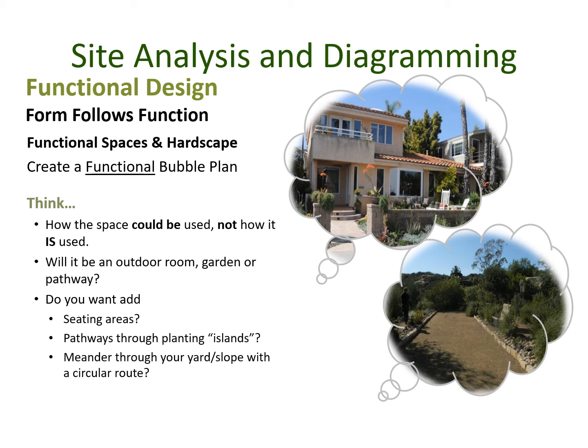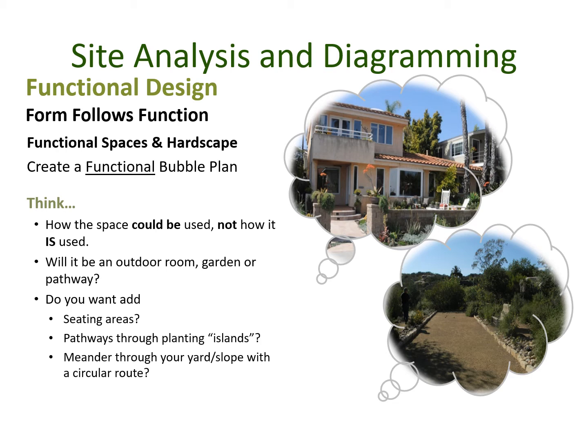So when you're trying to understand how the site needs to function, think about how the space could be used, not how it's currently being used. Will you have outdoor areas that are outdoor rooms or view gardens or pathways? Where do they need to have access to? Are the trash cans on the side of the house and they have to roll them out to the front curb?